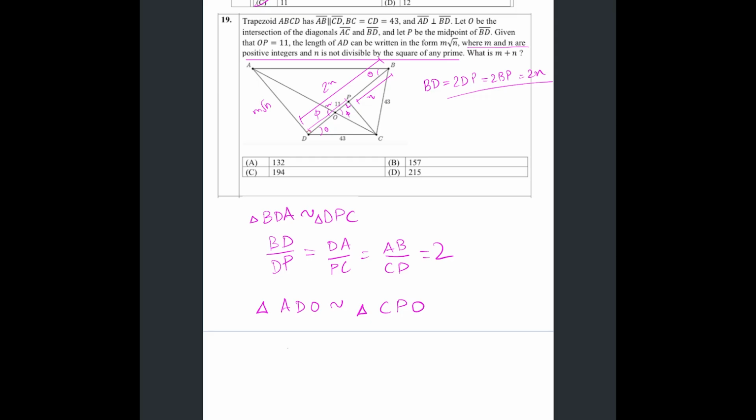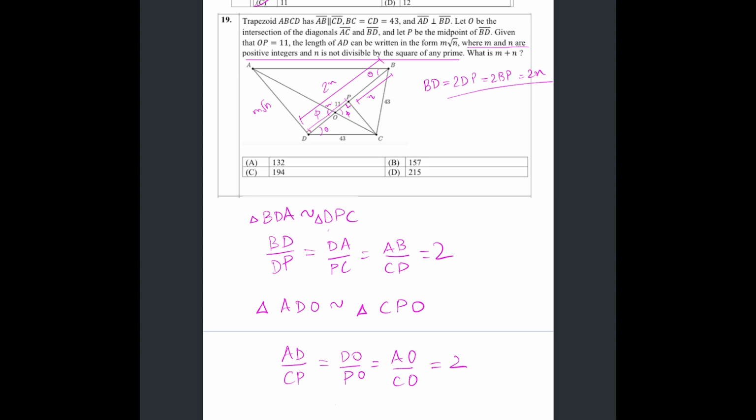So we also have AD by CP is equal to DO by PO is equal to AO by CO. So from the previous triangle we have DA by PC is equal to 2, right? So we can say that AD by CP, it's the same ratio, it's 2. So all these three are also equal to 2, right?